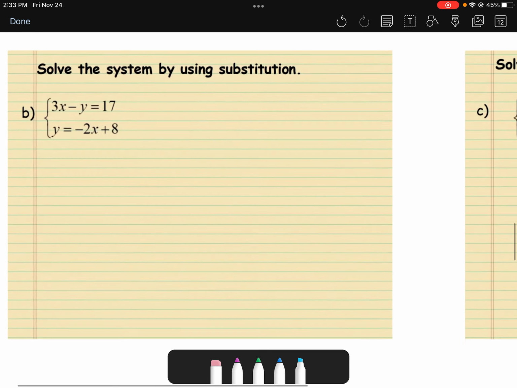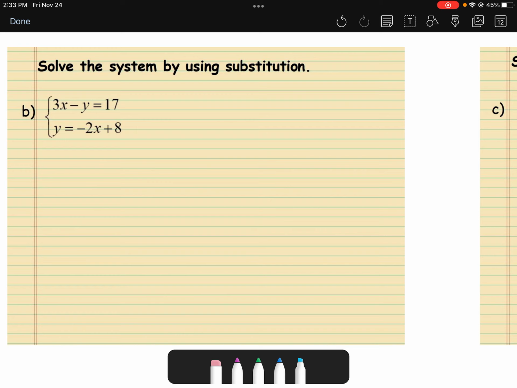Okay, let's do a few more examples. Okay, so I have the line 3x minus y equals 17, and I have y equals negative 2x plus 8. So again, step 1 is given for us. Perfect. Okay, step 2. Now we're going to plug in for y.